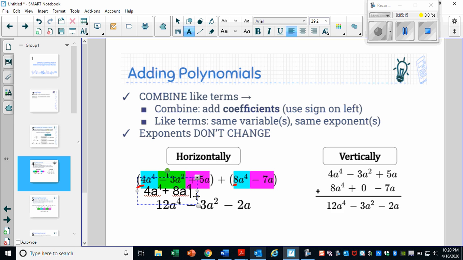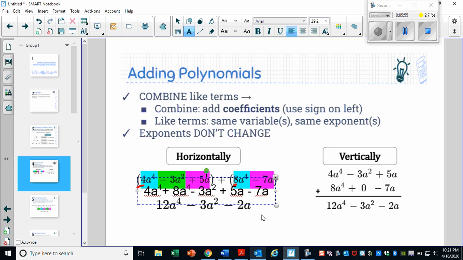Okay. Now, negative 3a squared. We're just going to type it as negative 3a squared. Then we have plus 5a minus 7a.